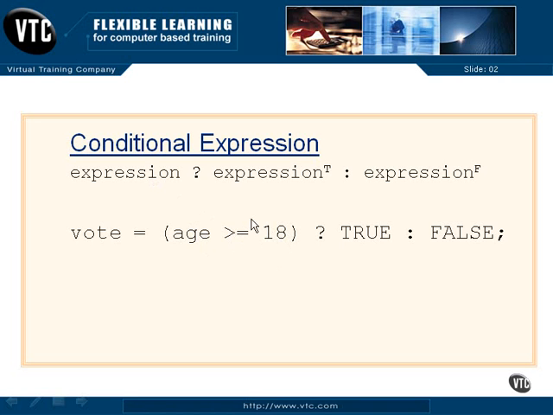If this resolves to be true, or a non-zero value, and the way this works, the value would be 18, the result of this, so that's non-zero, that's true. We'll come here and we'll do this part of the expression, this value, true.